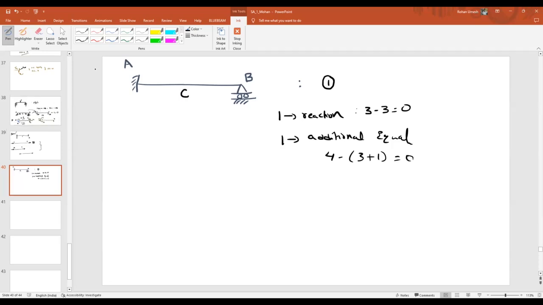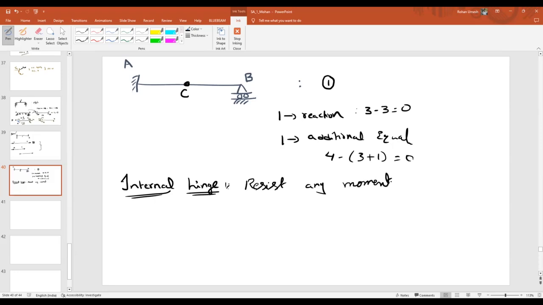How will you define an internal hinge? You guys might have encountered it, right? What is meant by an internal hinge? What will it do to the structure? If it is an internal hinge, it won't be able to resist any movement.